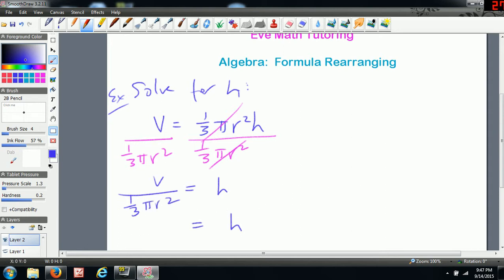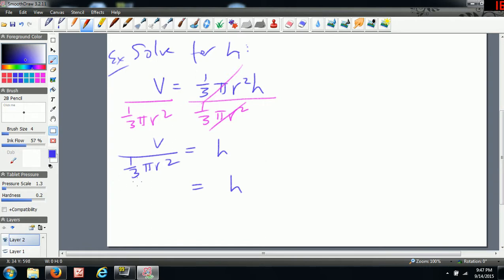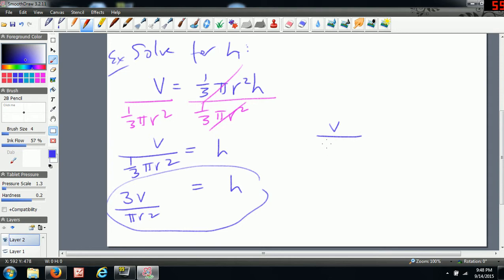And then because you have a fraction here, and you've got a fraction, so you've got two fractions here. So this is going to end up coming to the top, and it's going to become 3v over pi r squared. I'm just going to show you how I got that. So I have v divided by 1/3 pi r squared.